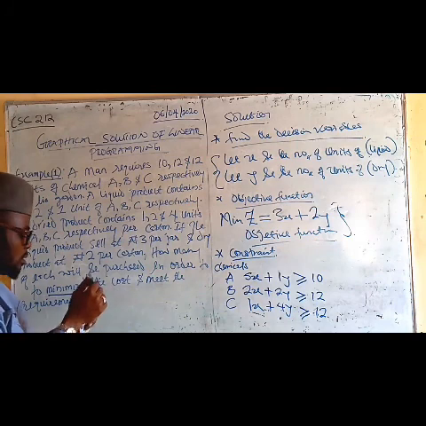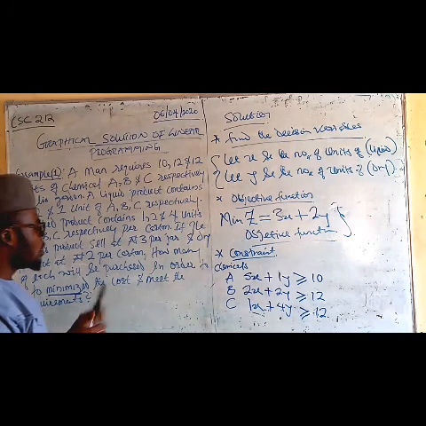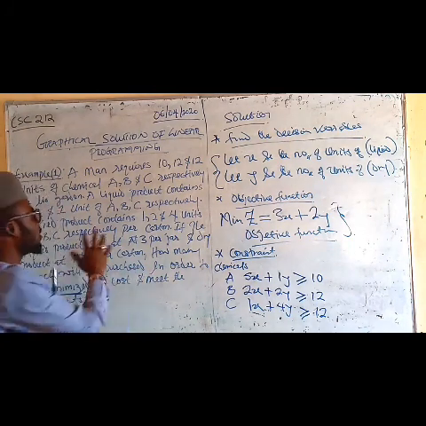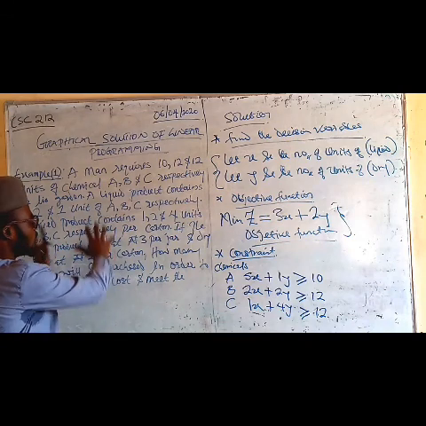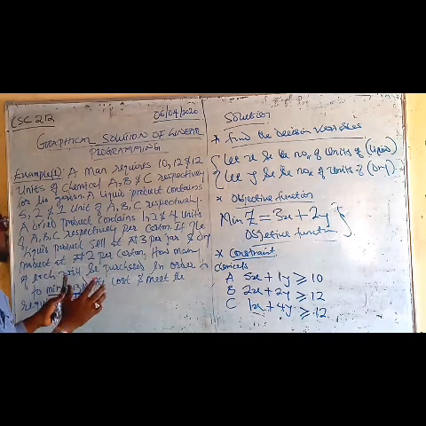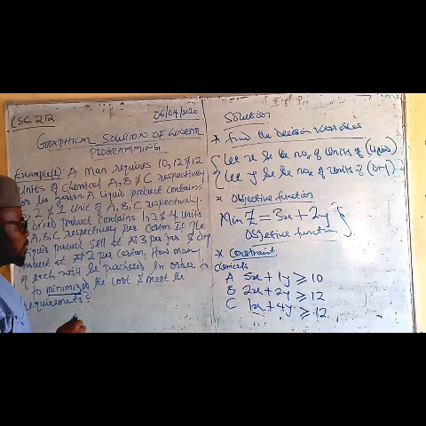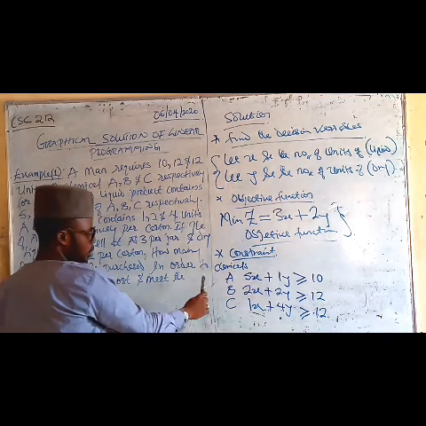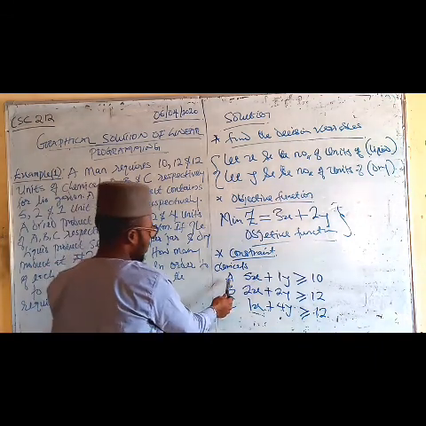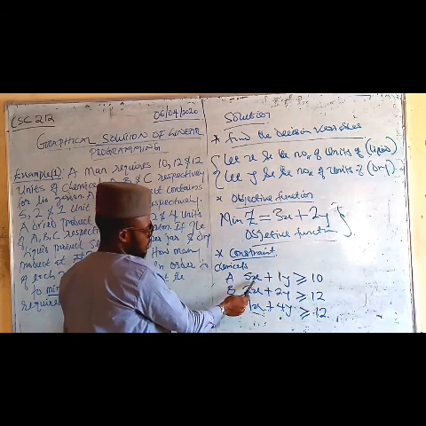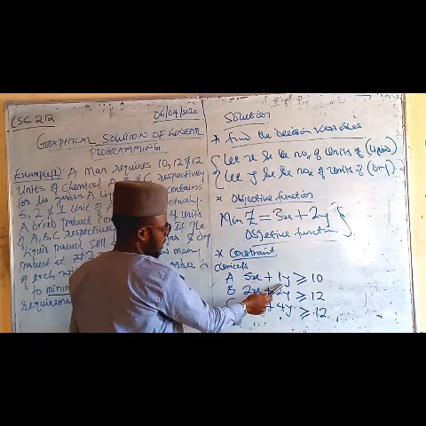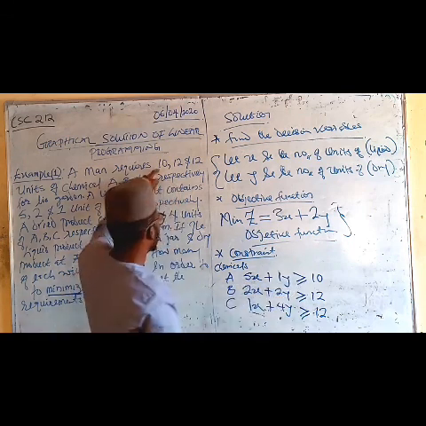So now we have already gotten our constraints. The constraint, as I have already told you, is the operations that take place in any problem. So now we have formulated. For chemical A, 5x plus 1y must be greater than or equal to 10.